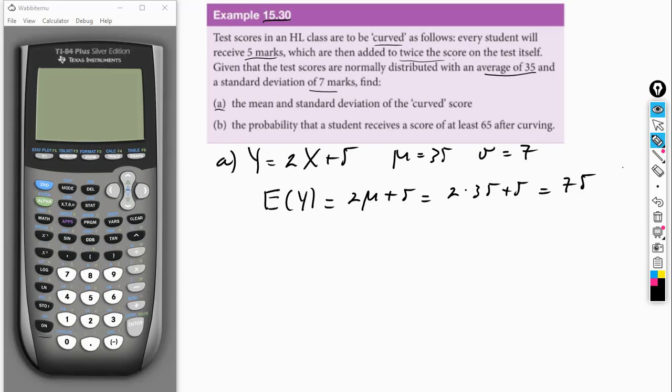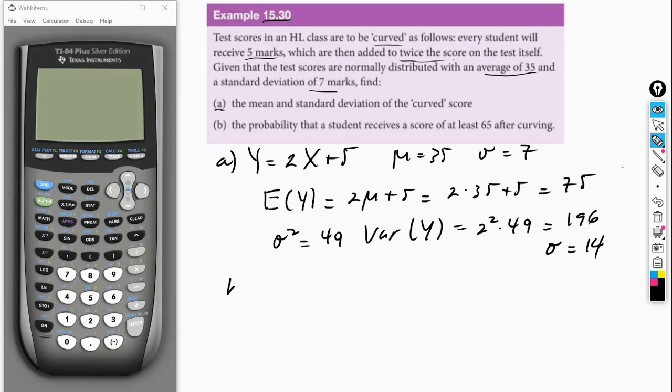Then we have that the standard deviation is 7, therefore the variance is going to be 49. So the variance for y is going to be 2 squared times 49, and this is going to give us 196. And if we square root that, it's going to give us that the standard deviation is 14.